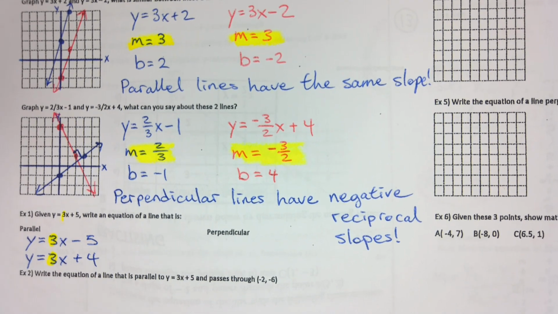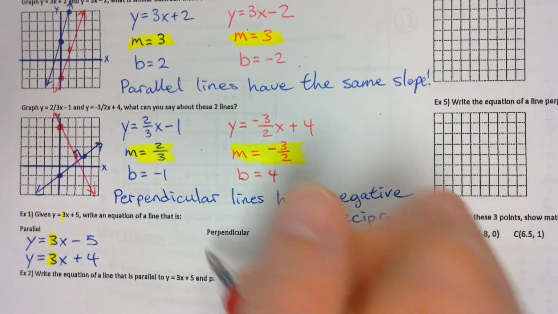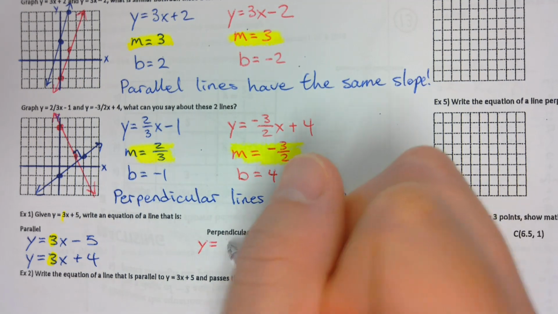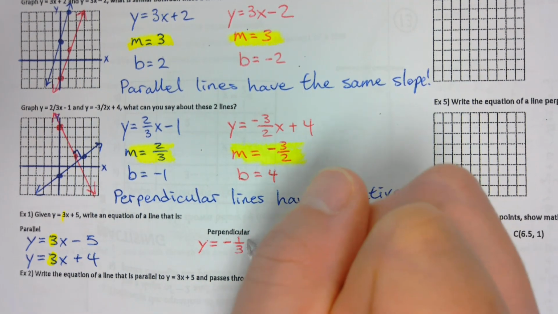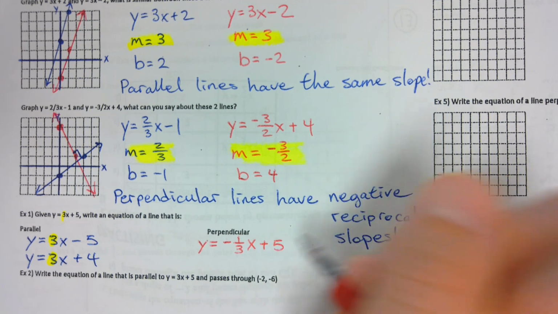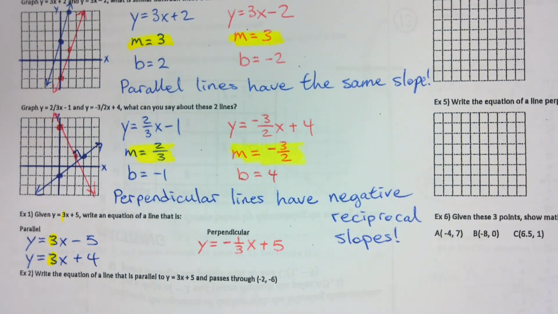Then Sam, what's an example of a perpendicular line? Plus 5. Good. Can perpendicular lines have the same y-intercept? Yes. Parallel lines cannot have the same y-intercept, but perpendicular lines can.